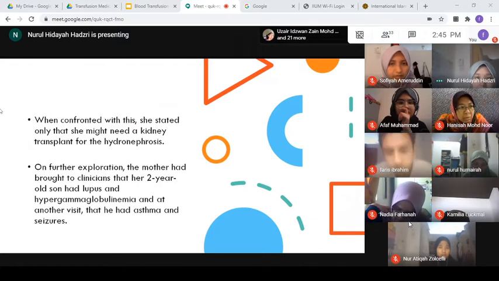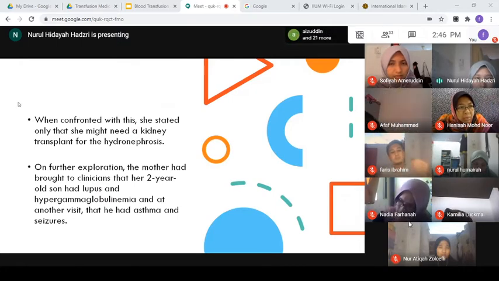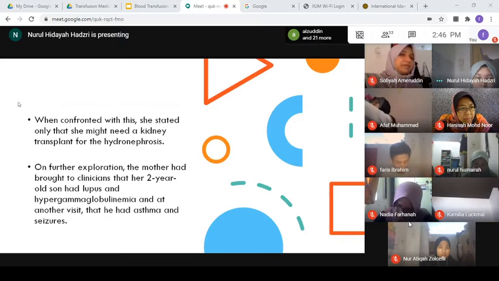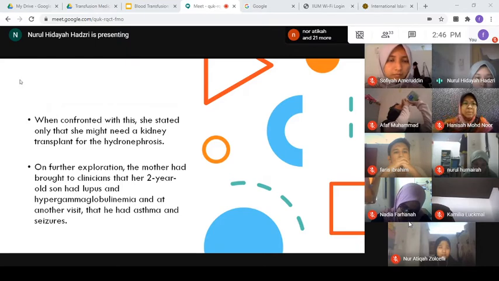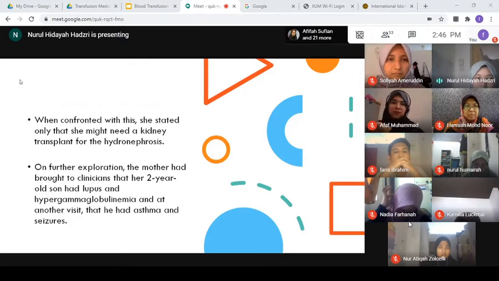So the doctor confronted the mother, and the mother said only that she might need a kidney transplant for the hydronephrosis. On further exploration, the mother had previously brought her son to a clinician and told the clinician that her son had lupus and hypergammaglobulinemia.